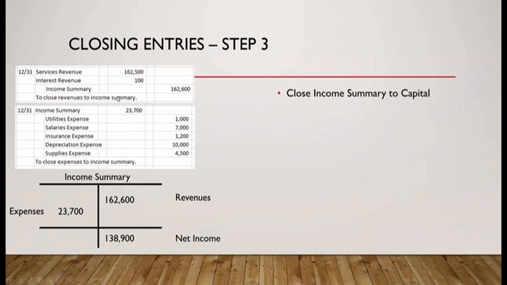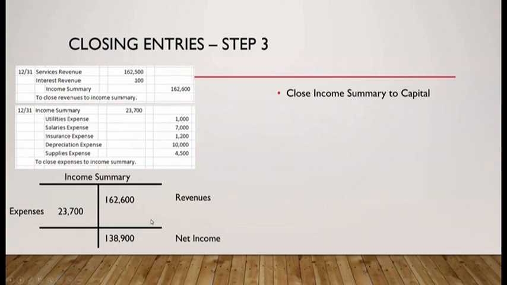And then we did our first closing entry where we credited income summary for $162,600. And then we did our second closing entry where we debited income summary for $23,700. Now we have a $138,900 balance. That balance represents net income. We could go back to the income statement that we prepared on the previous slides and see that the net income amount is $138,900.